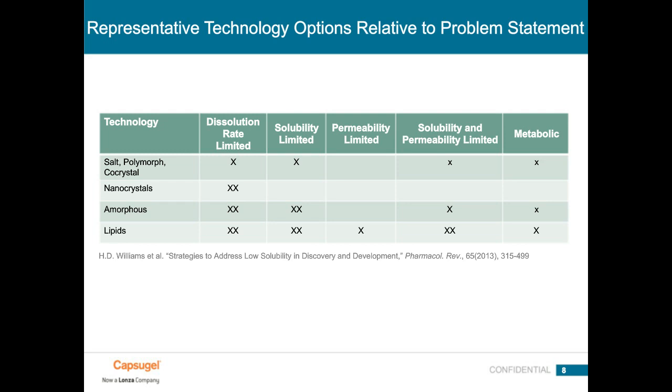Also the formation of a salt, if that's appropriate, or a co-crystal, as well as amorphous and lipid formulations, can all address dissolution rate limitations. And many of them can also address solubility limitations. When we get to permeability or metabolic limitations, the options are a bit lower. One option that's not listed here, because it's considered more applied to drug product rather than formulation, is the formation of a prodrug, which is often a good approach with permeability limited compounds, where a prodrug may be more permeable.